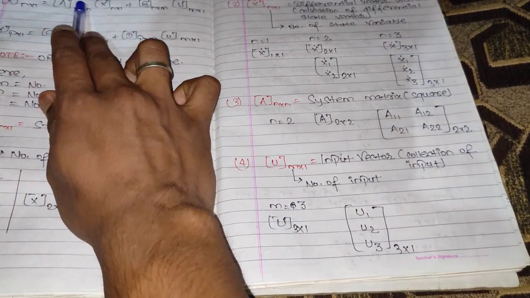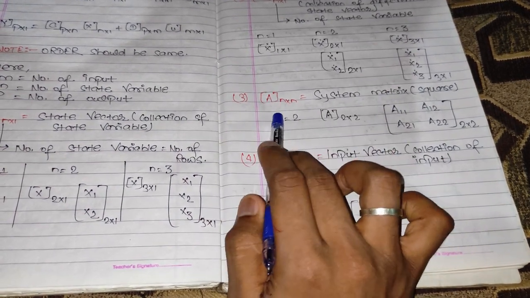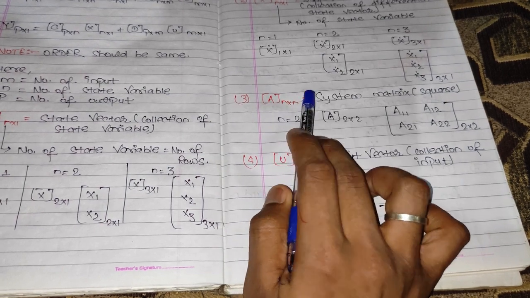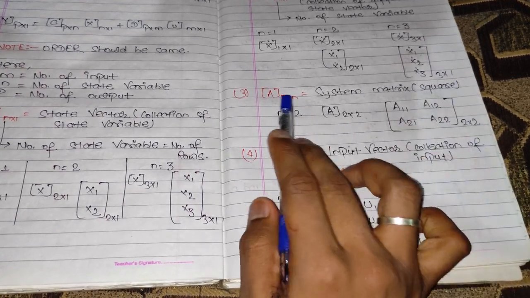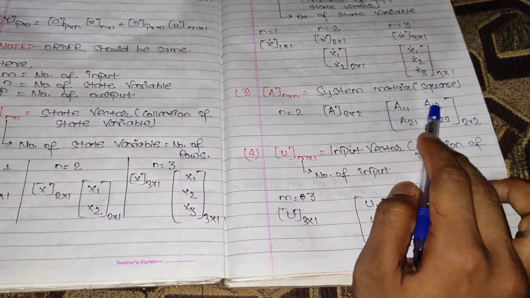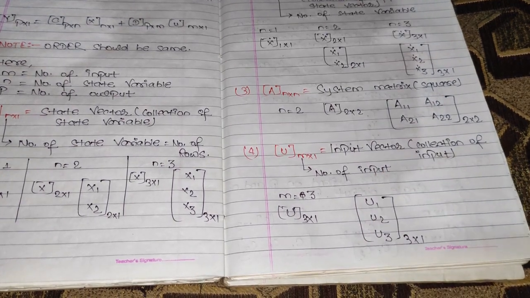Now what is A? A n cross n is the system matrix. N cross n means the number of rows and number of columns are both equal, so it is always a square matrix. Like if we put n equal to 2, here A is 2 cross 2, with a11, a12, a21, a22. These are some basic concepts of how to write a matrix.